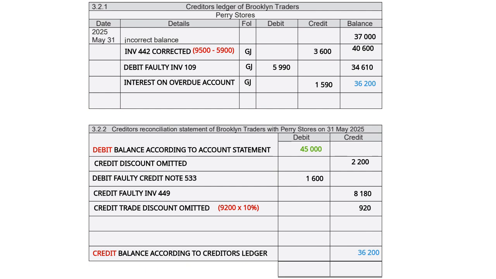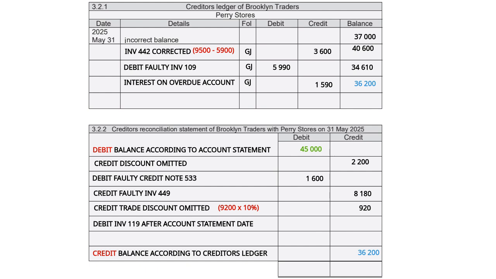Then if you go back to your creditors ledger and the additional information number 2, you will see that there is 2 entries that have not been recorded yet. The dates are the 29th and the 30th. The first one is for invoice 119. So you're going to say debit invoice 119 after statement date received.